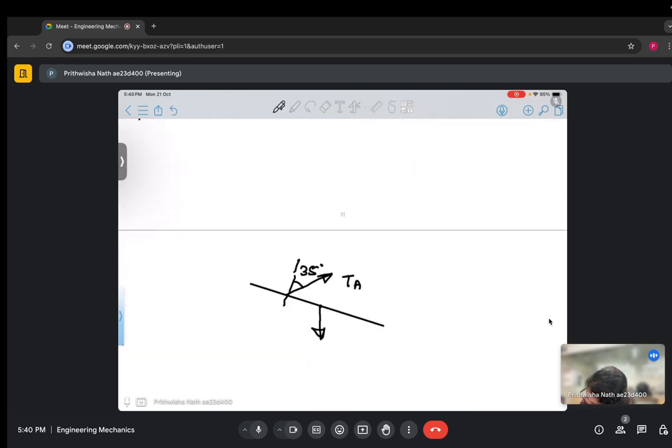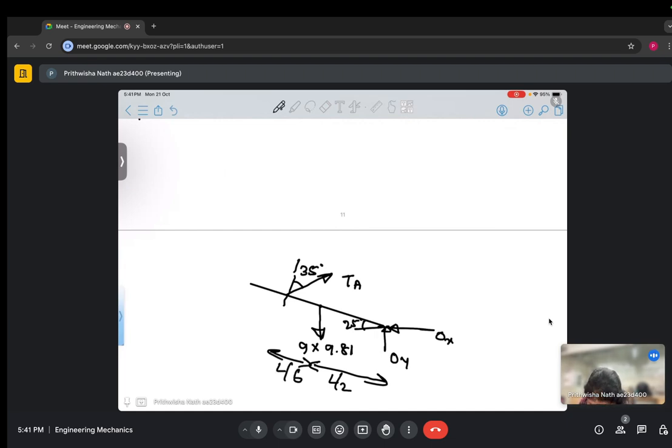So this will be 9 into 9.81. This is the reaction at O, OY and OX, and this angle is 25 degree, and this length is L by 2. And this distance is L by 6.